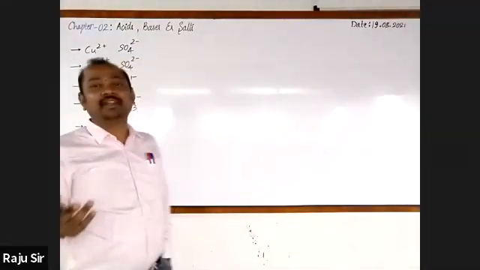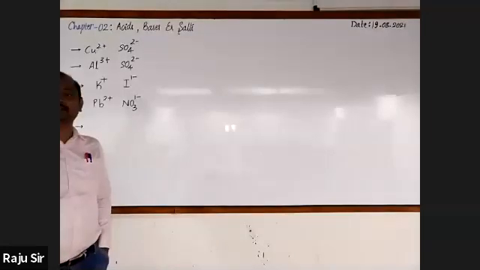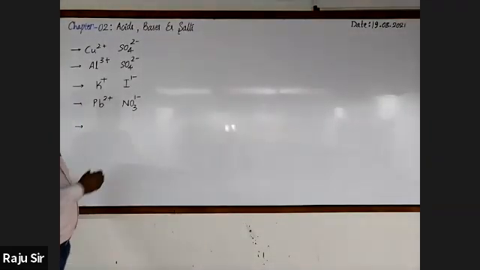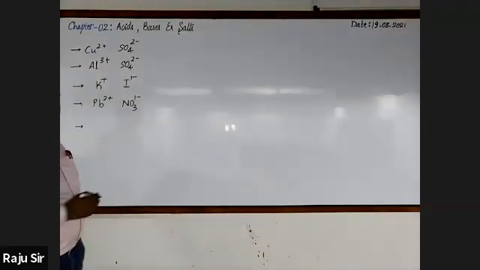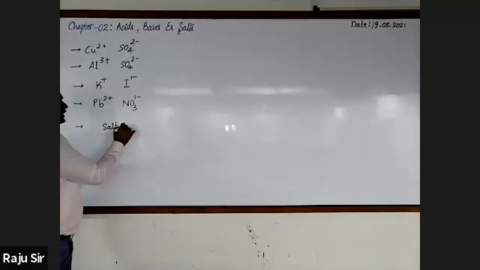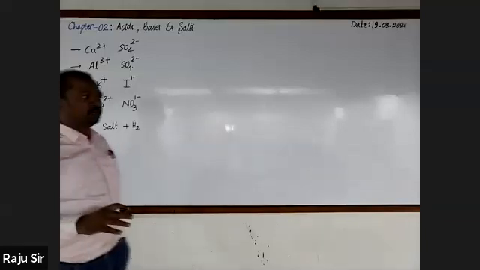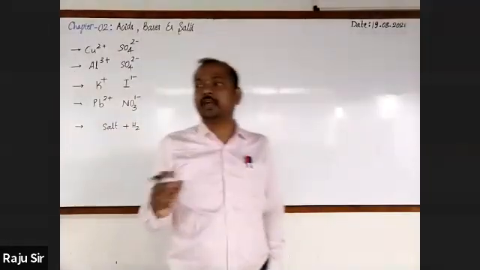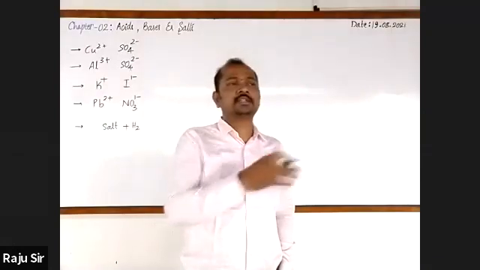What happens when an acid reacts with a metal? Salt and hydrogen gas are obtained, with the liberation of hydrogen gas. Could you name one of the acids which does not react with metal, as it is very weak?